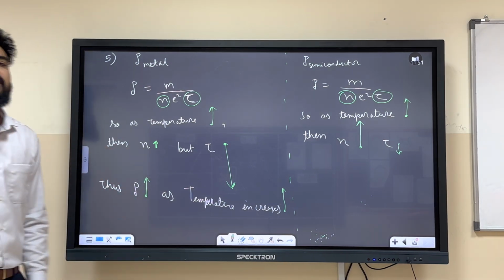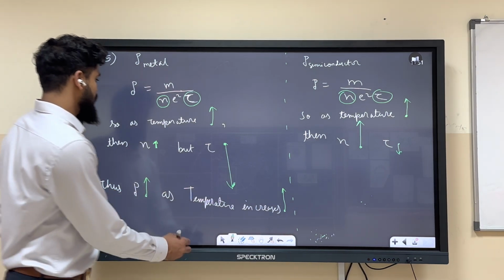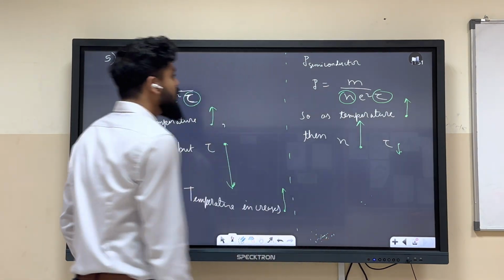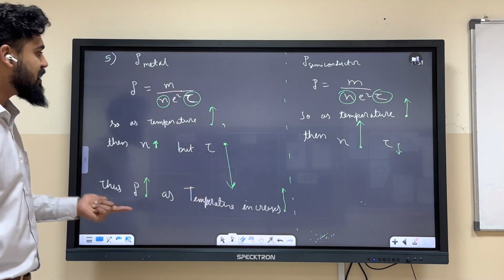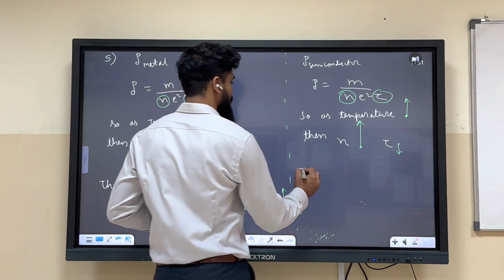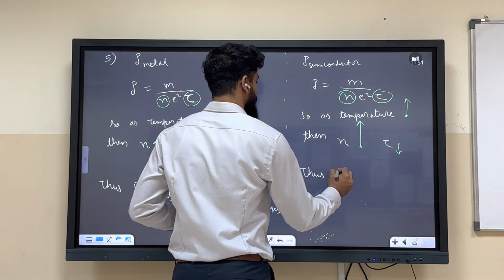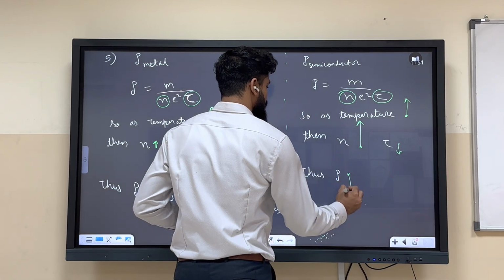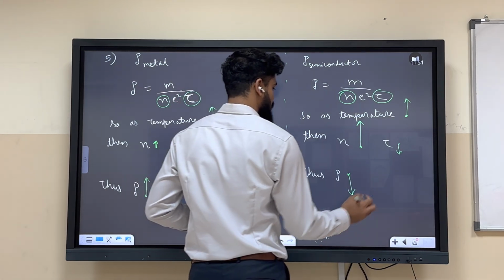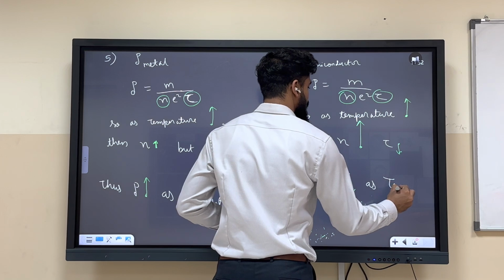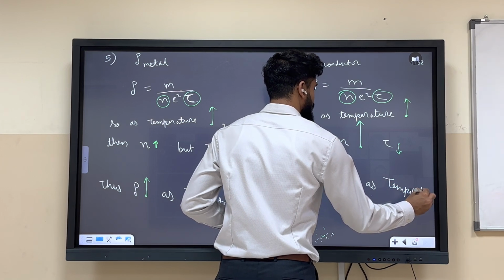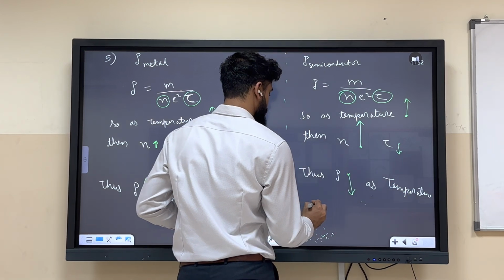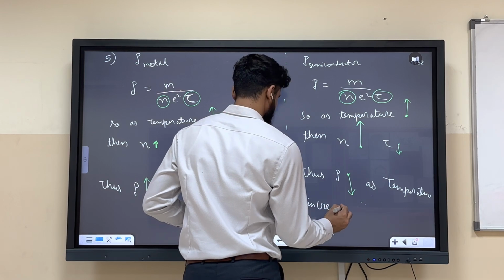So the product over here will increase. Okay? So the overall denominator is increasing, so that's why rho decreases as temperature increases. Okay.